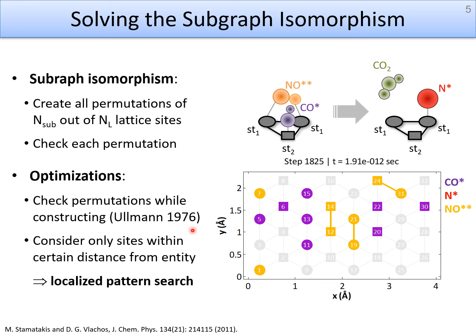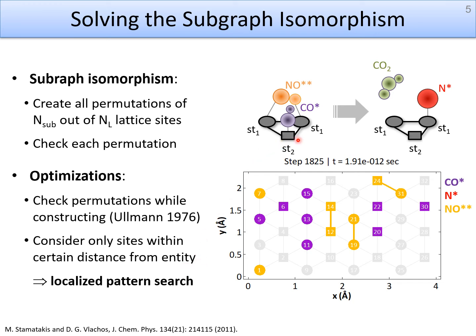This was suggested back in the 70s. So we have implemented a variation of this algorithm in the graph theoretical Kinetic Monte Carlo. And we also, instead of considering all the possible lattice sites, consider only sites within a certain distance from an entity.